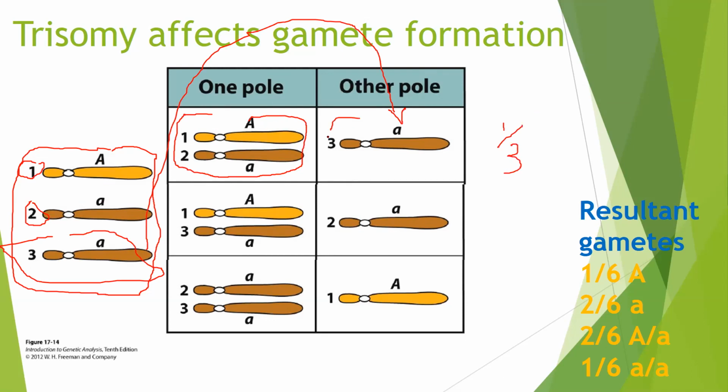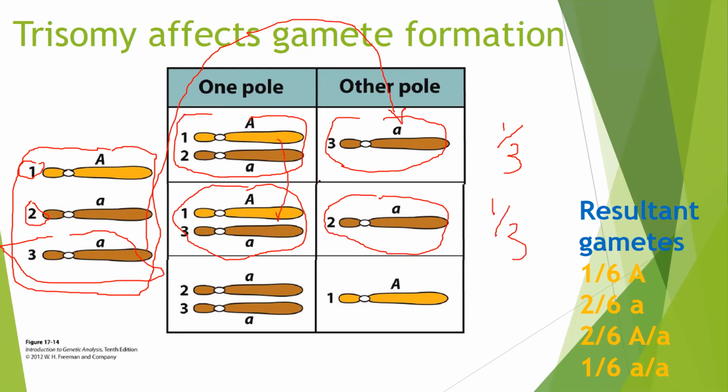If the 1 and the 3 come together, you get this and this. Still, there's 1/3 of the chance. Actually, the genotypes of these are identical. Now, if 2 and 3 come together, you get a genotype like this, leaving the A like this. So this is another 1/3.